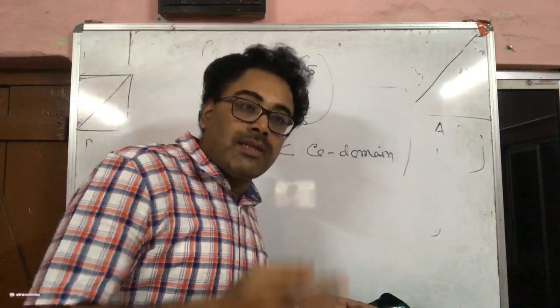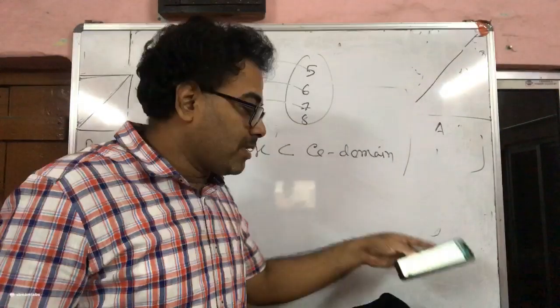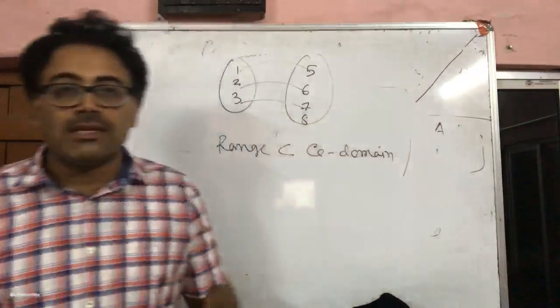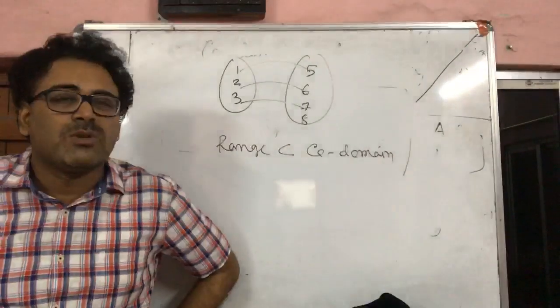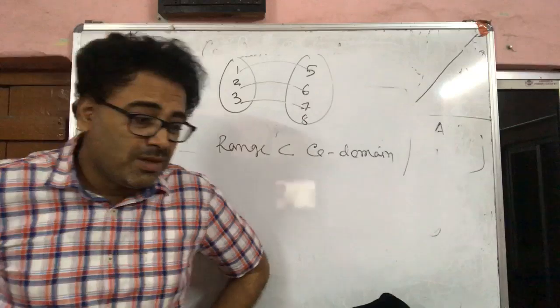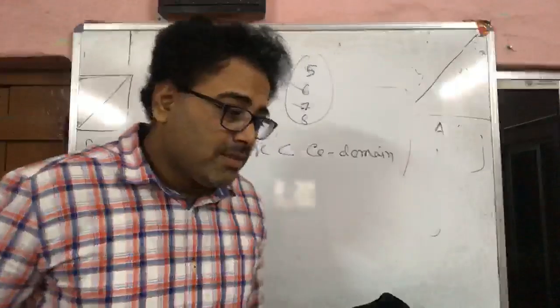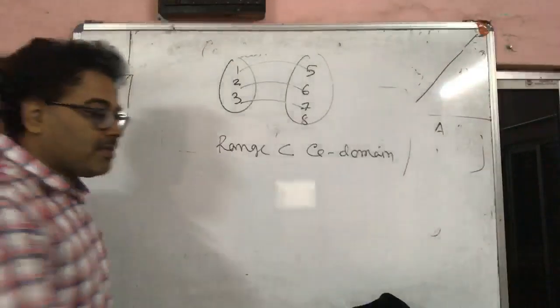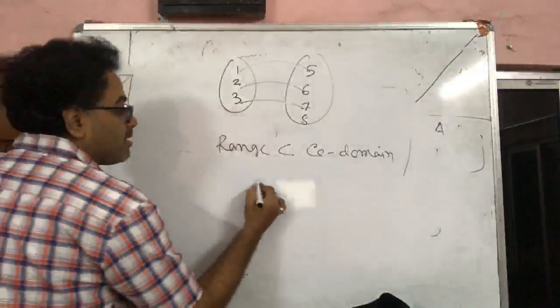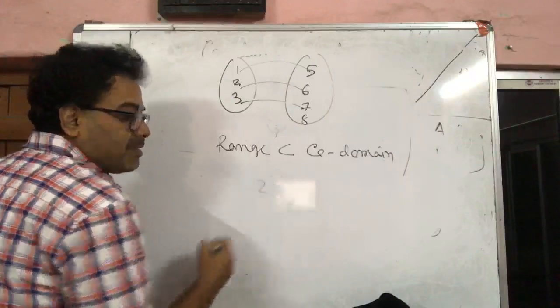Yes, Sashi's answer is right. I forgot my question: how many relations in A? Right? Yes, Sashi is right. 2 to the power 196 is the answer.